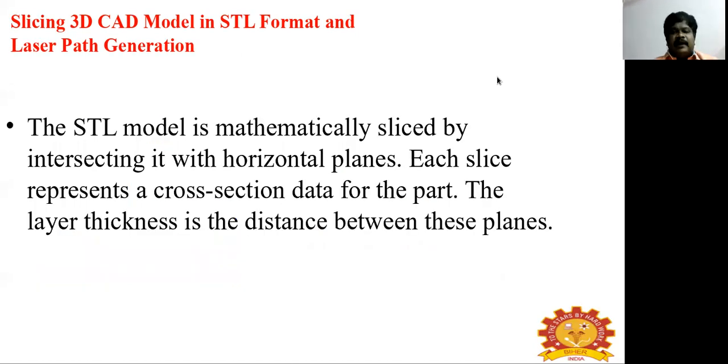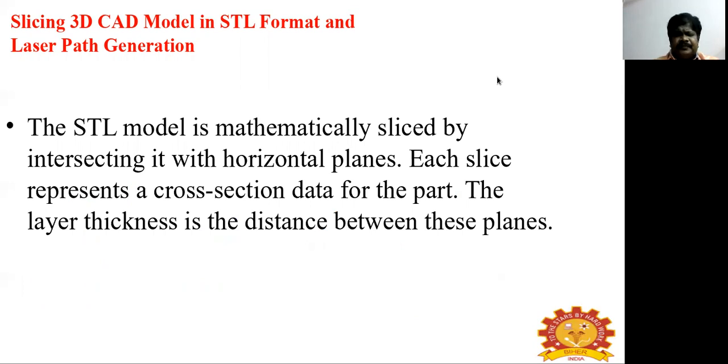The STL model is mathematically sliced by intersecting with a horizontal plane. Each slice represents the cross-sectional data for the part, and the layer thickness is the distance between these planes.